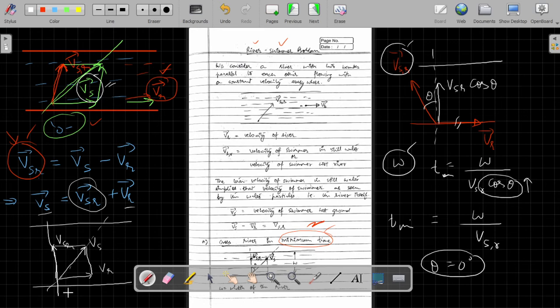Say the starting point of the man is S and the opposite point is O, and the man lands on the opposite bank of the river at some point A. This distance OA is called the drift of the man.